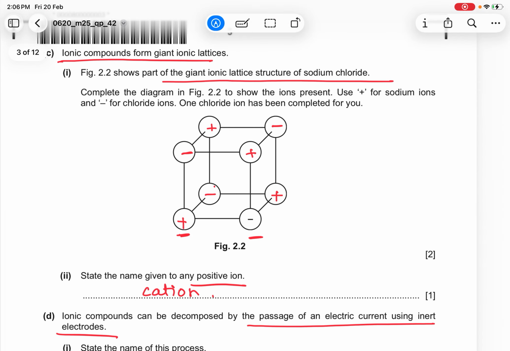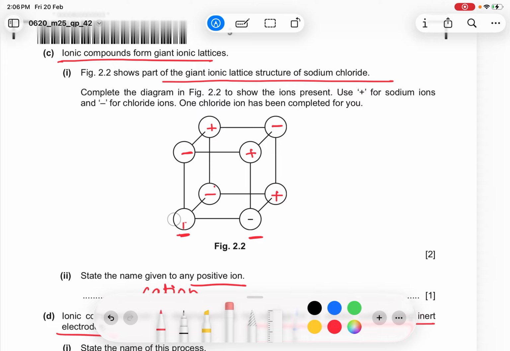Next, ionic compounds form giant ionic lattices. Figure 2.2 shows part of the giant ionic lattice structure of sodium chloride. Here they have already given us the sign, that is minus. We already know that in an ionic lattice the ions are alternately arranged, one positive and one negative.